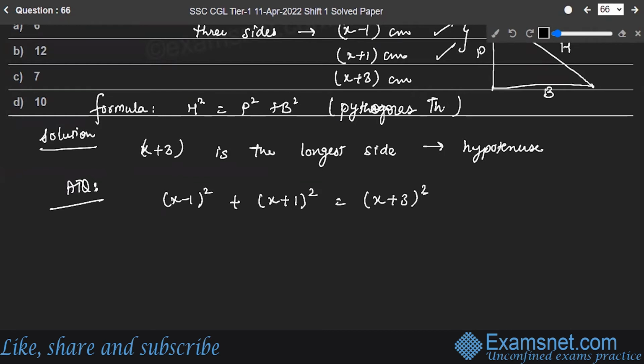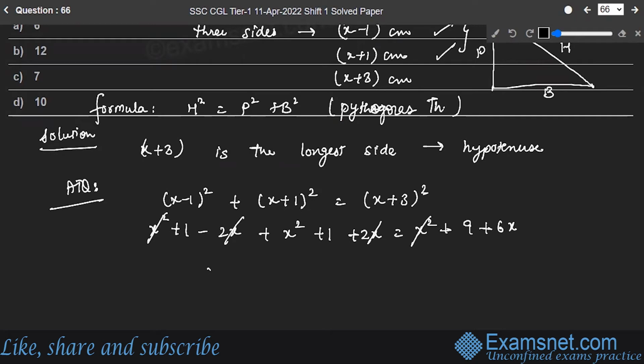Let's open this up, right? What you will have: x square plus 1 minus 2x plus x square plus 1 plus 2x is equal to x square plus 9 plus 6x.